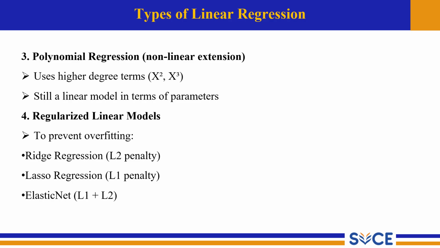Lasso regression uses an L1 penalty. This can shrink some coefficients exactly to zero, effectively performing feature selection. Elastic net combines both L1 and L2 penalties, giving us a balance between ridge stability and lasso sparsity. Together, these regularized models make our predictions more robust and help avoid overfitting in real-world scenarios where data can be messy or high dimensional.